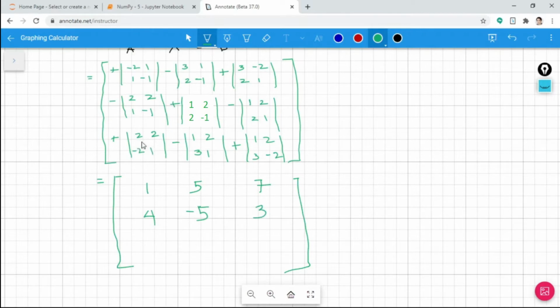This one is 2. So 2 minus negative 2 is 6. Then 1 minus 6 is negative 5, so this will be positive 5. And the last one, negative 2 minus 6 is 8, so this one is negative 8.